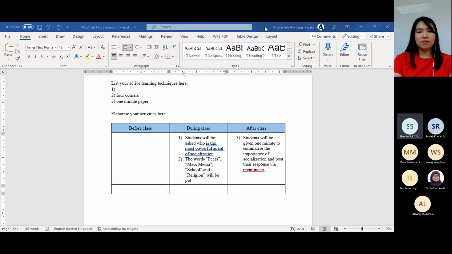And for the 1 Minute Paper, I also find it interesting that instead of doing it the old way, where you write it on paper or post it on Open Learning, you just use Mentimeter, so it's a quick and instant summarization. Maybe it's just a few words, right? You don't even have to write a full sentence there.